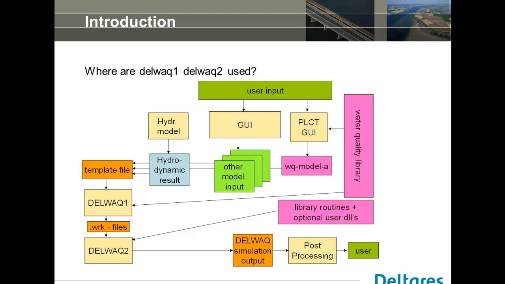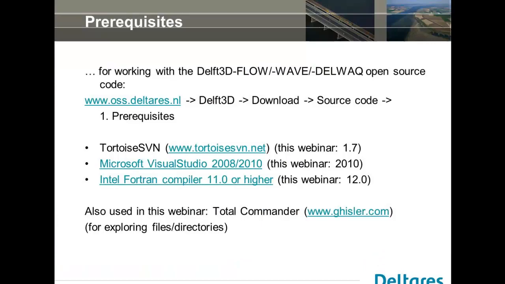Then DELWAQ 1 works on these input files and produces work files which are used by DELWAQ 2 for the actual calculation, and DELWAQ 2 uses the actual routines for the processes that you selected in the water quality library, and that will result in simulation output. And with post-processing tools you can get the results from your model and eventually hopefully good advice on water quality and what people should do to improve it.